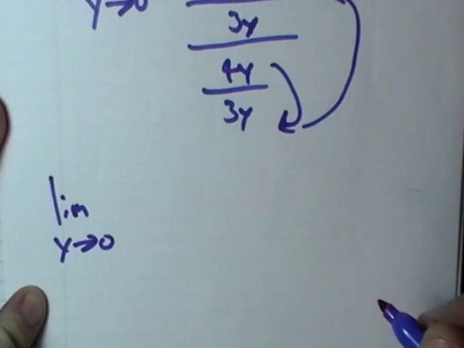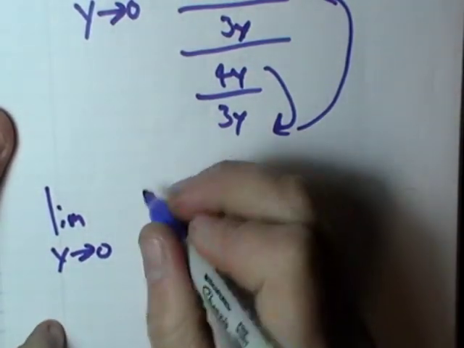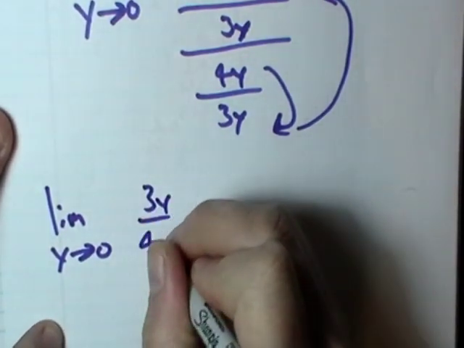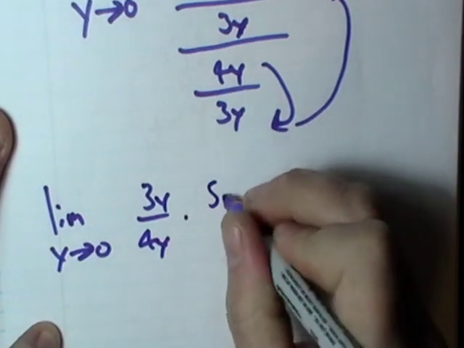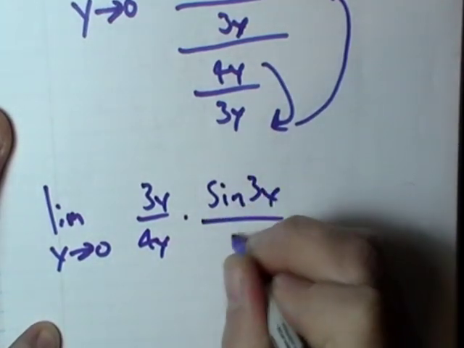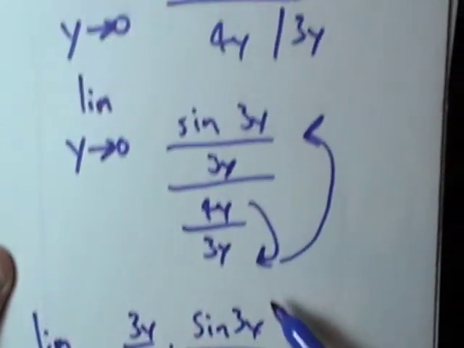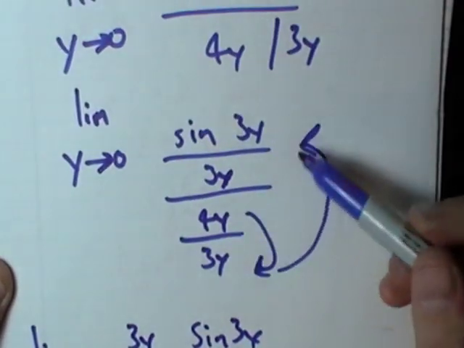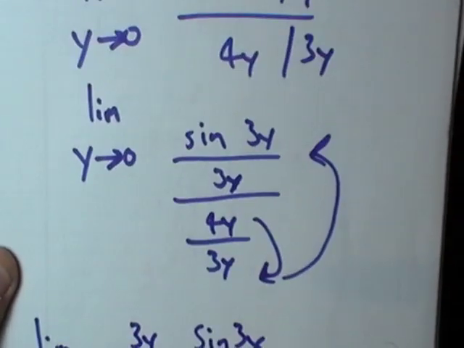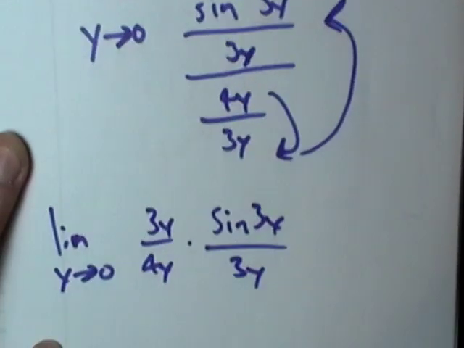Limit as y goes to 0 of 3y over 4y times sine. Right there. Remember, all I did is I just flipped this upside down, to simplify the complex rational expression.